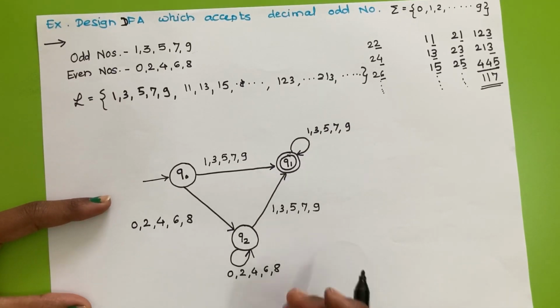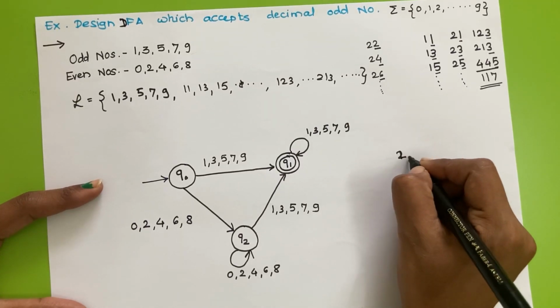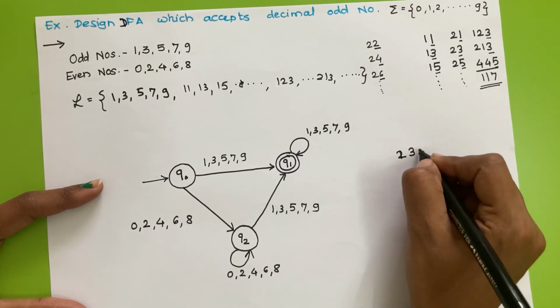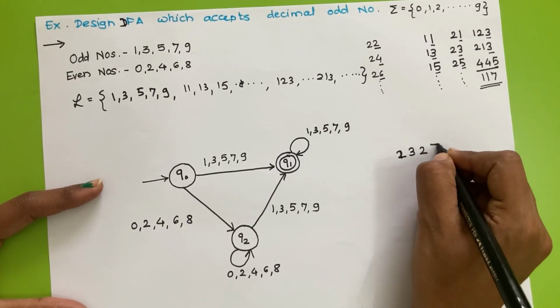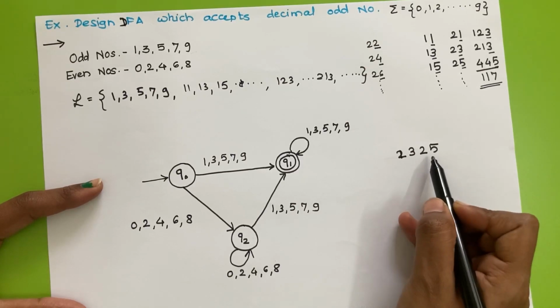Now if we have a combination like 2 3 2 5, and we want to accept this number from this.